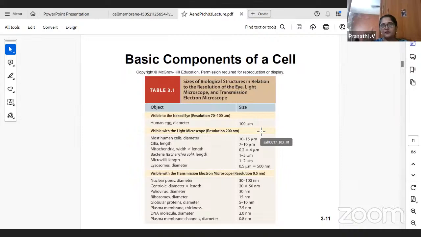Maximum you can see metaphase and anaphase, in fact. And in the light microscope, you can see the human cells and the cilia that is present. All of these should be stained with a color, then you'll be able to see properly different types of bacteria, different types of lysosomes, and their respective diameters have also been given.